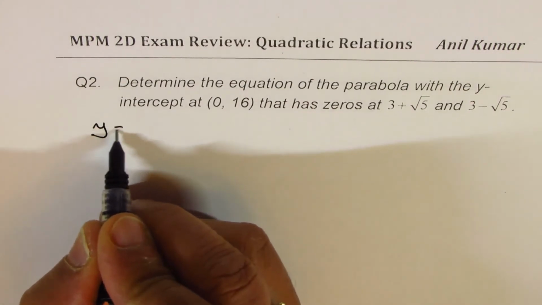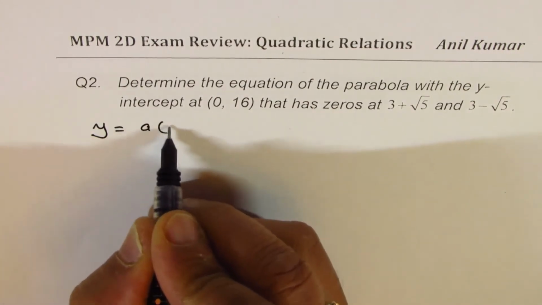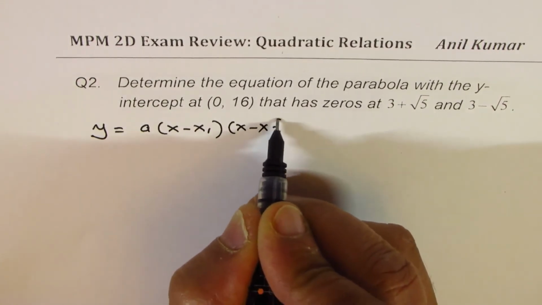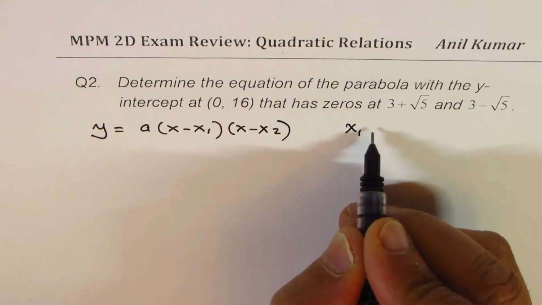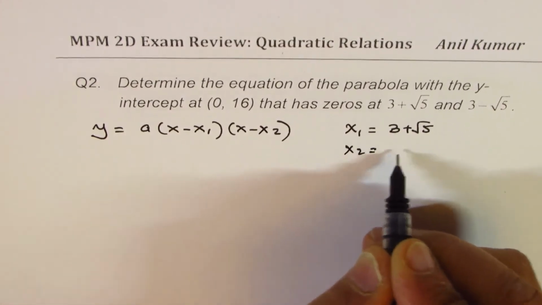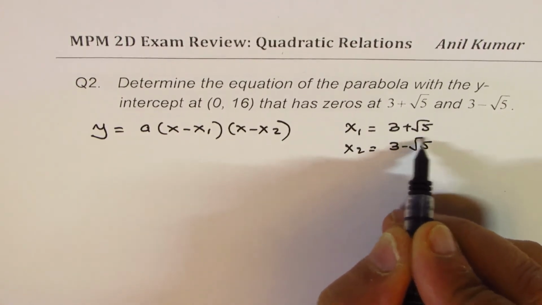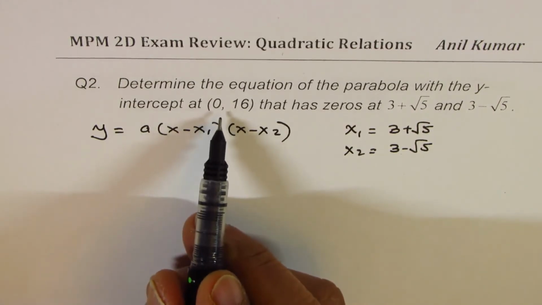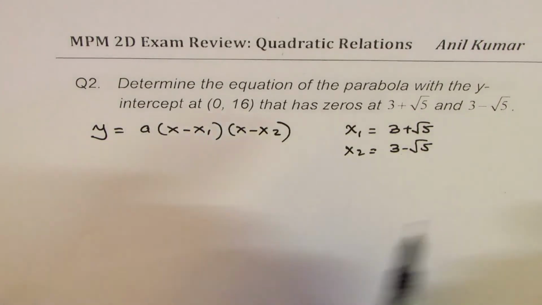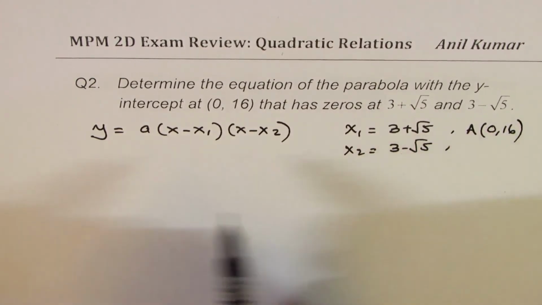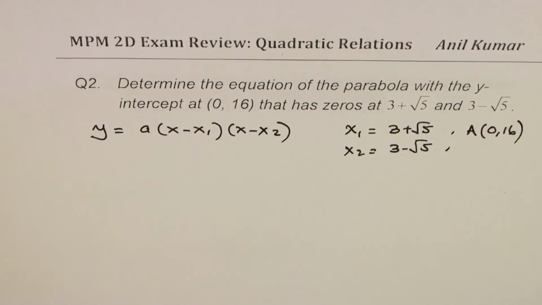So we could write an equation of the form y equals a times (x minus x1) times (x minus x2). The first root is given to us as 3 plus square root 5, and the second as 3 minus square root 5, correct? To find the value of a, we are given the initial point (0, 16). Let's call that point A, (0, 16). That will give us the value of a, so we can substitute and solve.